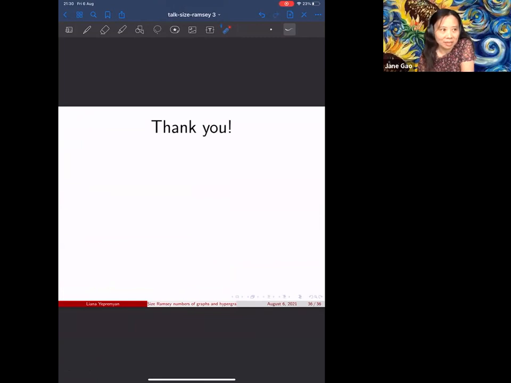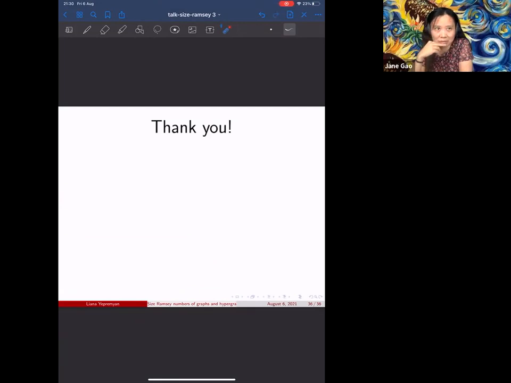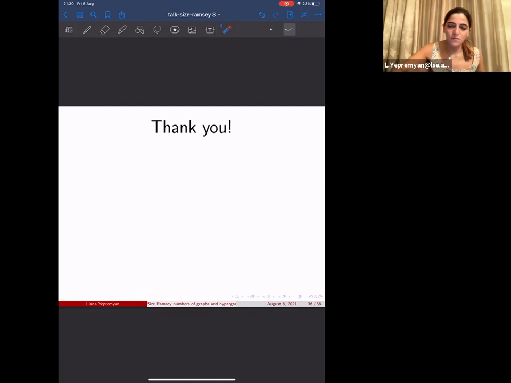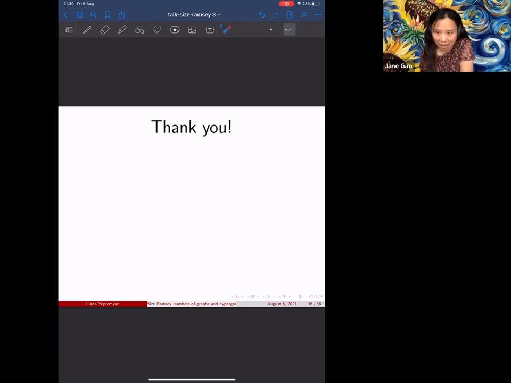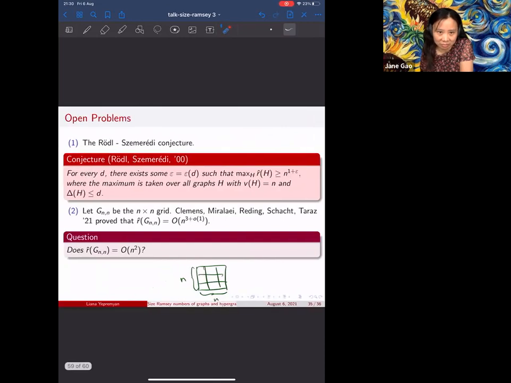So in the earlier slides, you listed those results for the size Ramsey number for paths, and I think there has been quite a bit of recent progress in improving the constant coefficient, starting from proving linear bounds, and then there are bounds like 700 or 14 or something like that.